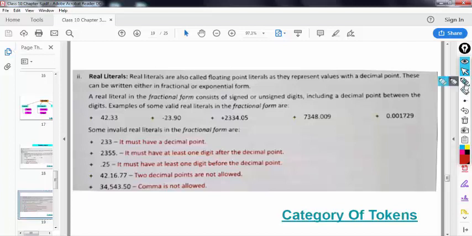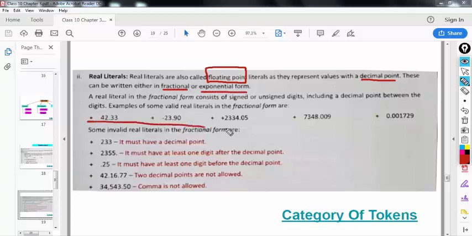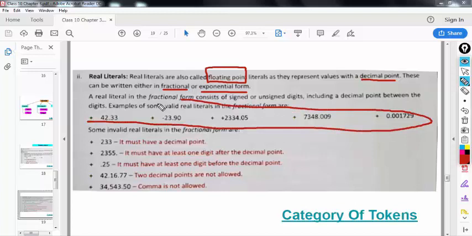So real literals are also known as floating point literals, and they have a decimal point, and they can be written in two forms, either in fractional form or in the exponential form. So all these examples here are the fractional form of real literals. They are in the form of fraction.